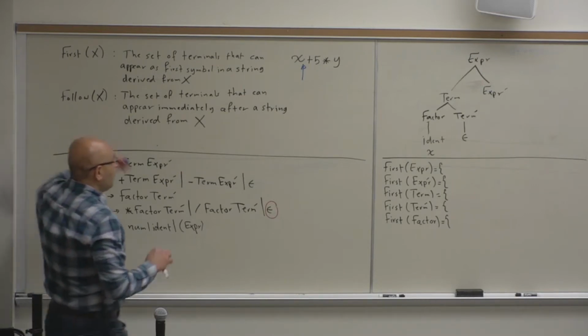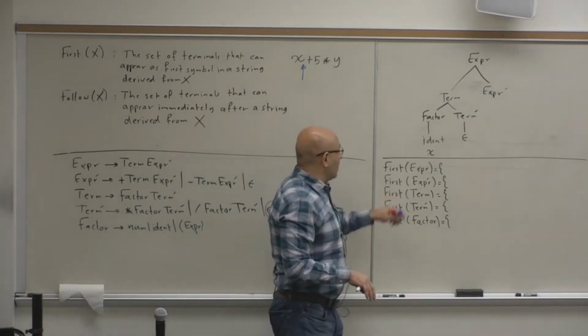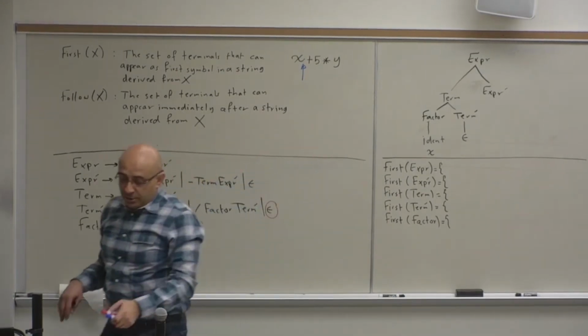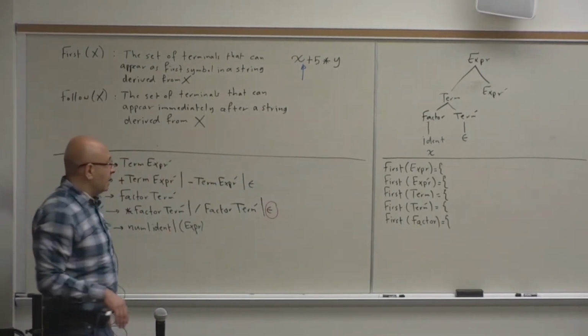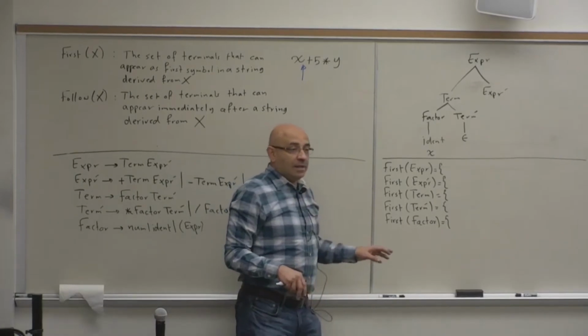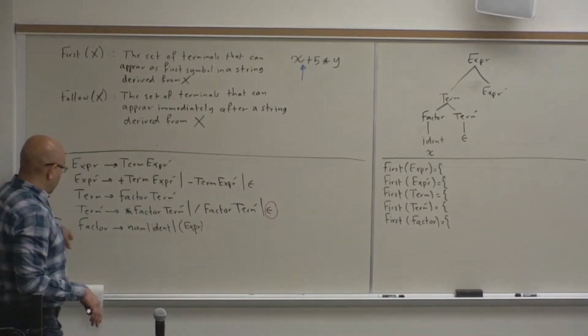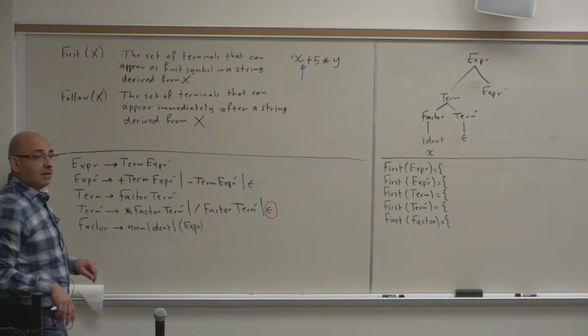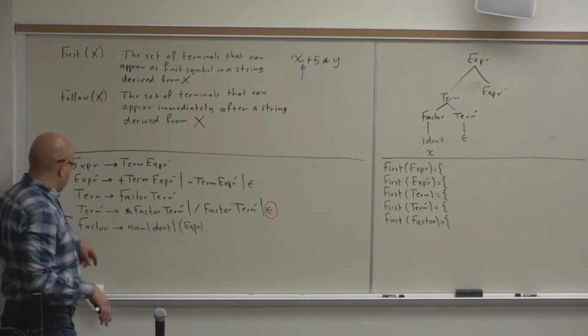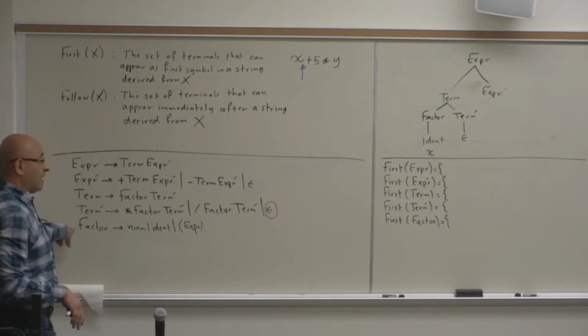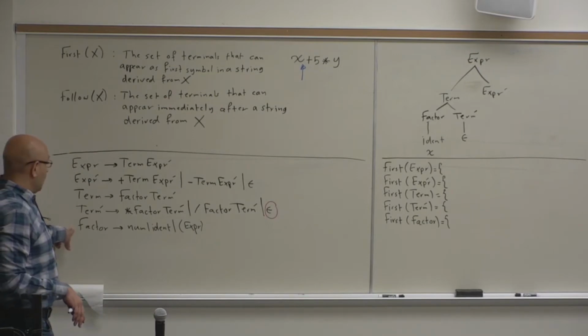Now, in order to calculate the first set, it's usually easier to start with the variables that are at the bottom of the grammar, the low-level variables. And in this case, the lowest level is factor. Now, what can a factor start with?